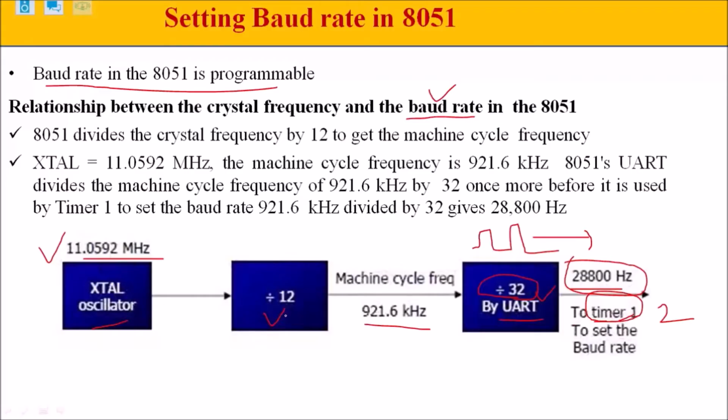So it is divided by 12 by the timer block, the UART block again divides it by 32, and then 28800 is given to timer 1 when you are using serial communication mode. That means when the UART block is initialized, the frequency is divided again by 32 and that value is 28800 hertz. That is given to timer 1. Timer 1 is used in mode 2.